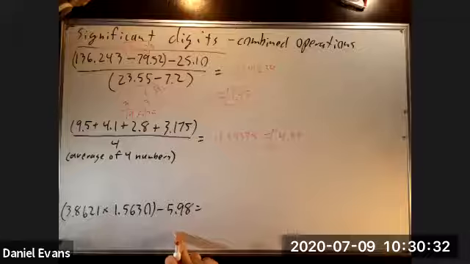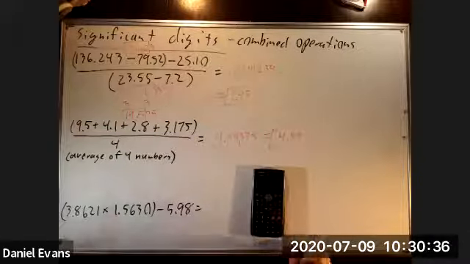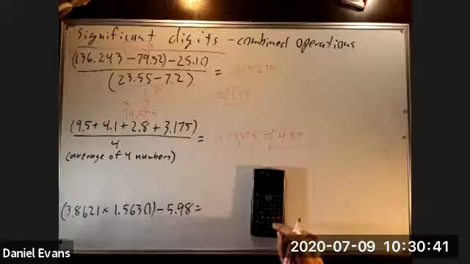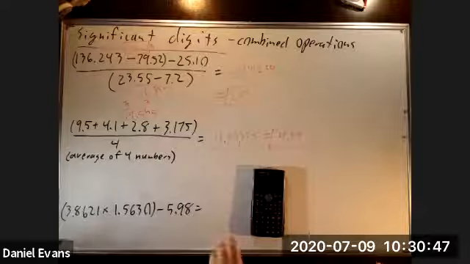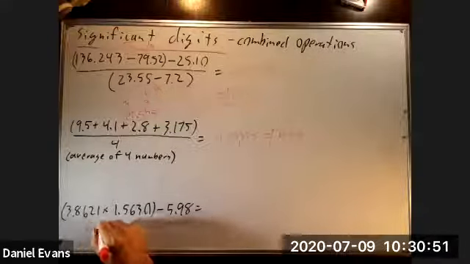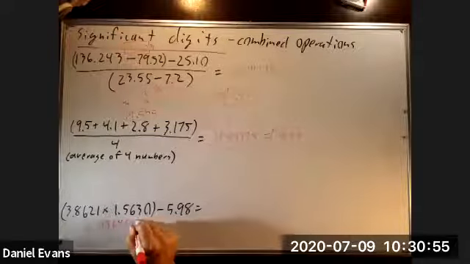And then one more here. So we do our 3.8621 times 1.5630. And let's see what that intermediate answer looks like. So we got a 6.03646623.